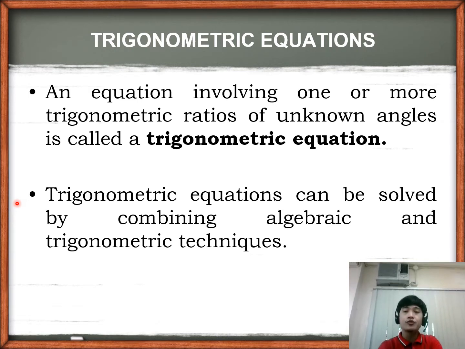Since it's a trigonometric equation, it's a bit different from the other equations we solve, because we need to identify the values of x, the values of the variable that will make that equation true. So the different angles, specifically the special angles, will come in, that will definitely satisfy the given trigonometric equation.